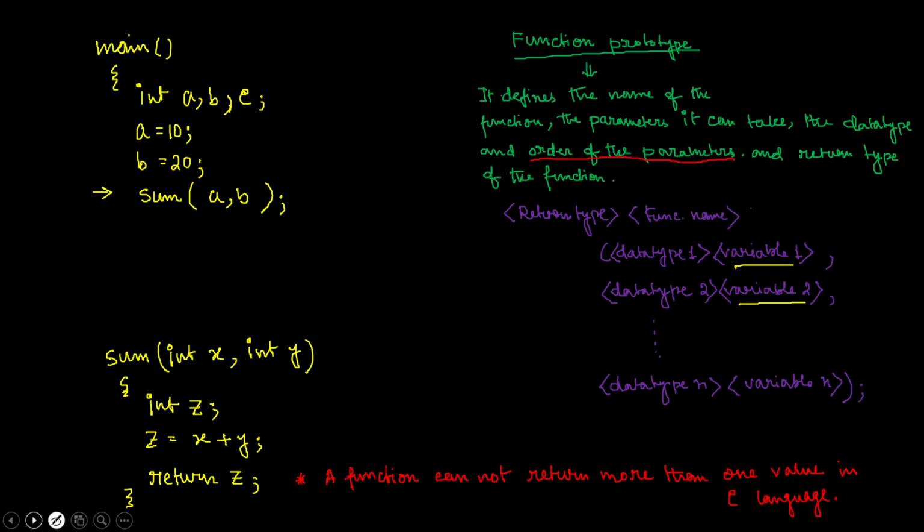So in this situation, how can we express this? We can express this by writing, let's erase this part, sorry. So the actual statement for the calling part should be something like c equal to sum within bracket a comma b. So the compiler will understand that whatever value is going to be returned by the sum function should go to the variable c of the main function.